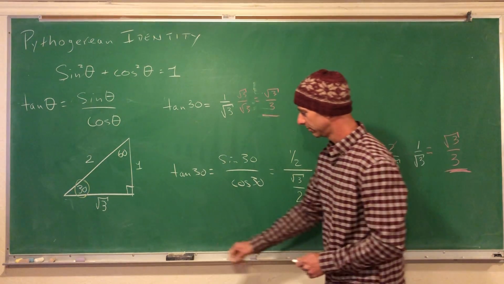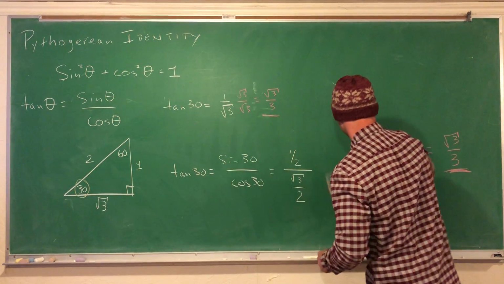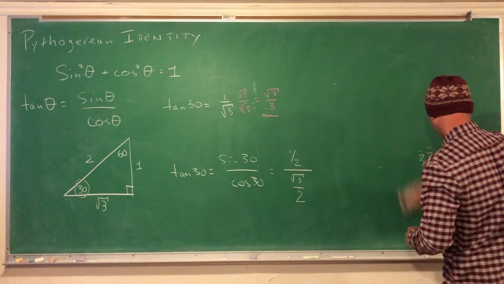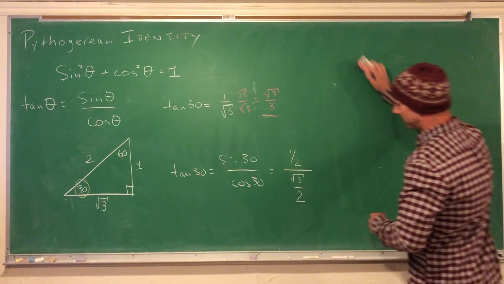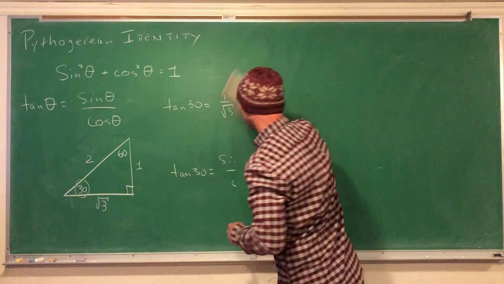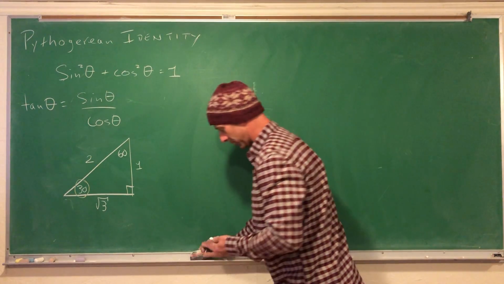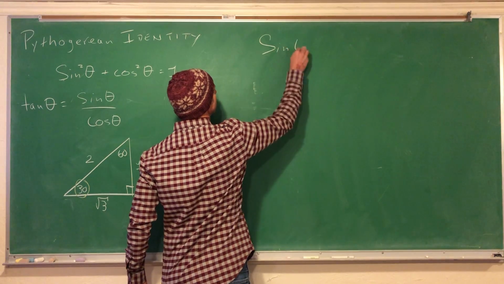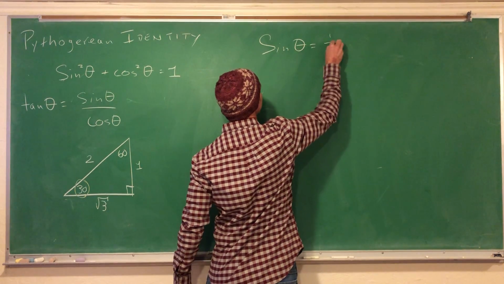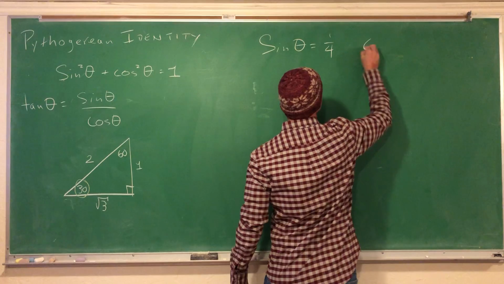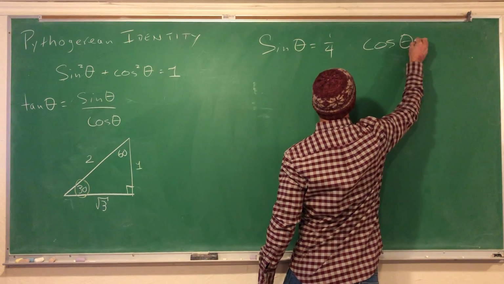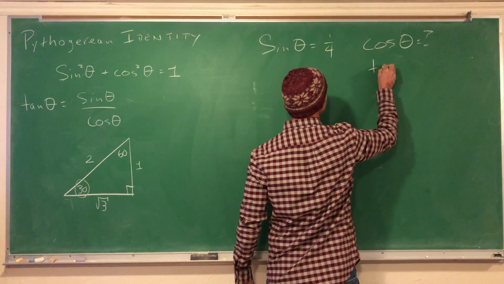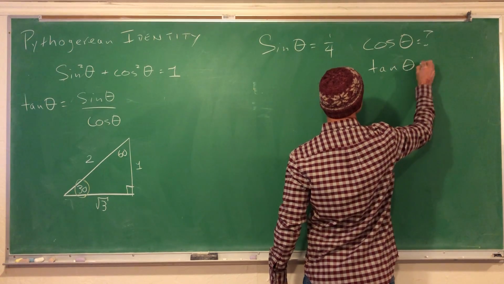Let me erase this a little bit. How about this one? Sine theta is 1/4. Cosine theta equals, and tangent theta equals.